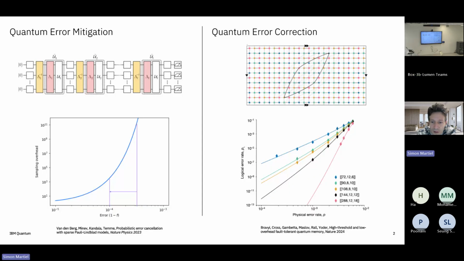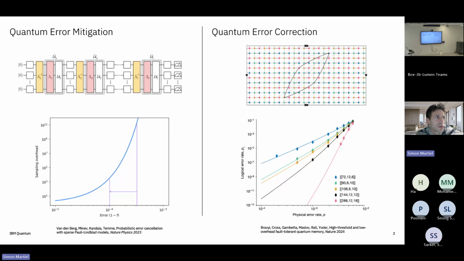So this talk is about basically error mitigation, but not in the traditional sense of error mitigation. Usually when we talk about QEM, we think of things of the style of PEC, where you have some kind of circuit with some noise channels, here the lambda i's in this picture.